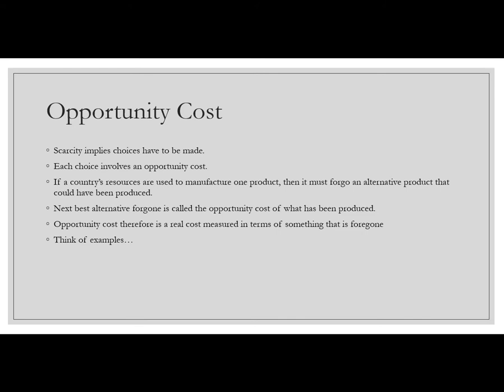So there's always going to be a real cost measured in terms of something that is forgone. For example, let's say that you have £100 and you could buy £100 worth of books, or you could spend £100 on an Apple product.